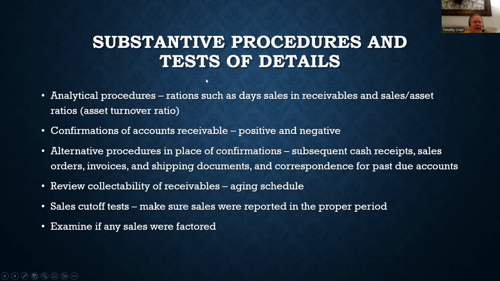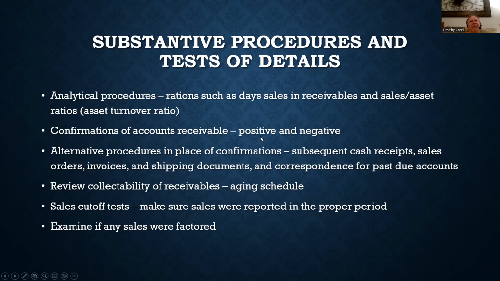Now, a big substantive procedure that auditors are going to do with accounts receivable is confirmations. What this means is the auditor is going to have the client fill out a form, and then the auditor is going to send that to customers of the client in order to confirm their balances. It could be a positive or negative confirmation.